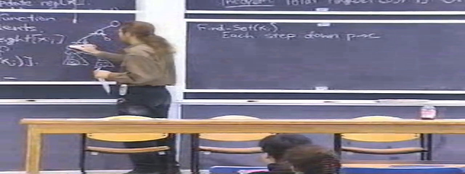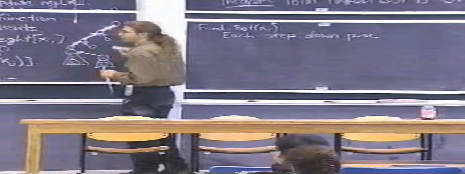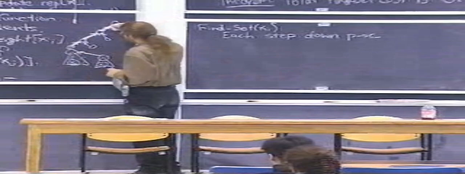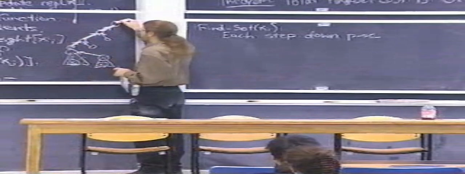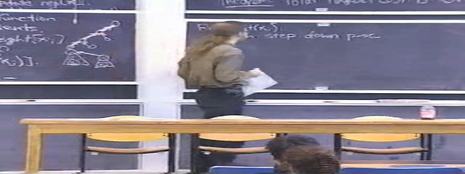When I do a find here, I follow some path. I'm just going to turn that path around for analysis. Instead of saying I went up, let's think of myself going down. I start at the root, and I make my way down towards the node that I care about, just for analysis. I can't actually do this in the algorithm because I only have parent pointers.